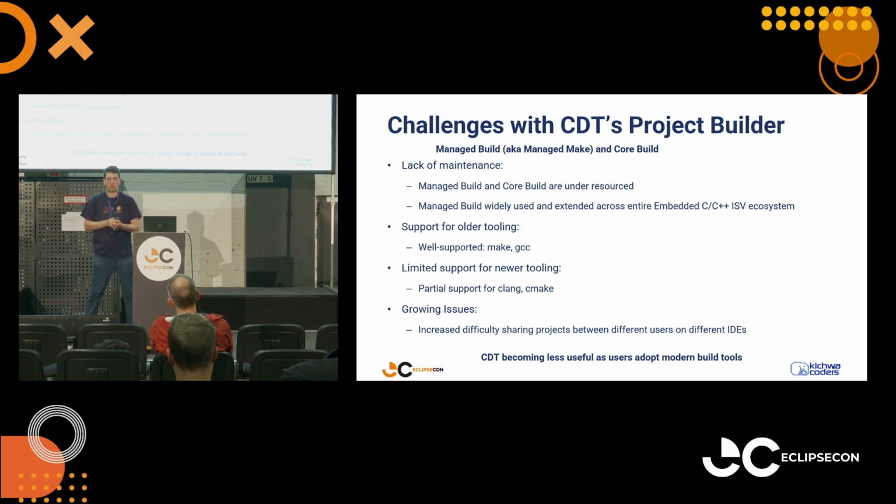Now, once again, the reason this matters is that almost all those ISVs are using these project builders, so they have some way of building. If we don't have a way of building the projects, we don't have a way of driving this whole system. And once again, we support all these older tools relatively well, the ones that were state-of-the-art when Eclipse CDT was under very active development.